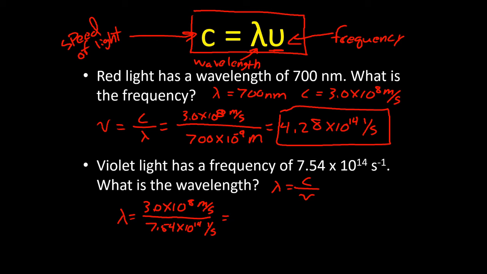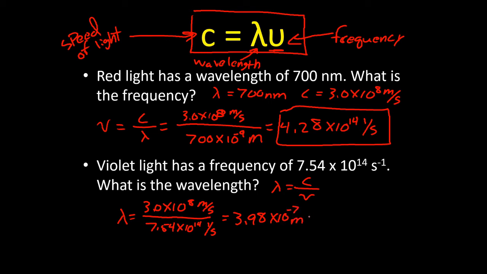And so if we do that math, the wavelength of this light is 3.98 times 10 to the negative 7 meters.